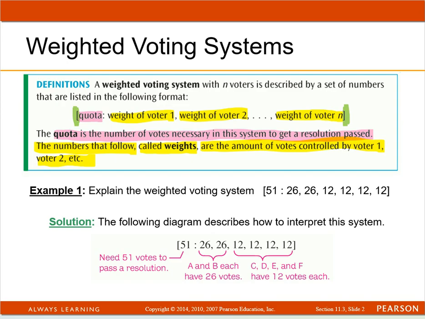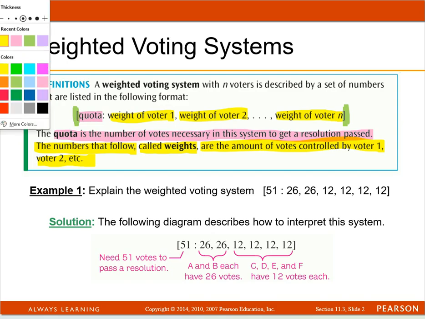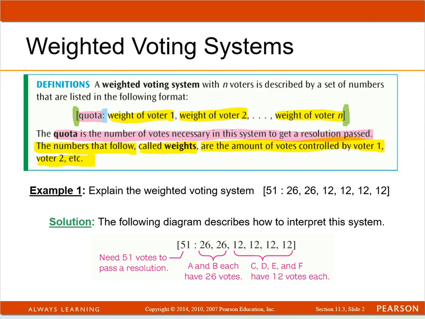So if you have 5 voters, you'll have 5 numbers after the colon, and the colon is right here. The number in front of the colon is the quota, which means how many votes you have to have. And then after that, you have all of your voters, and it tells you their weights.